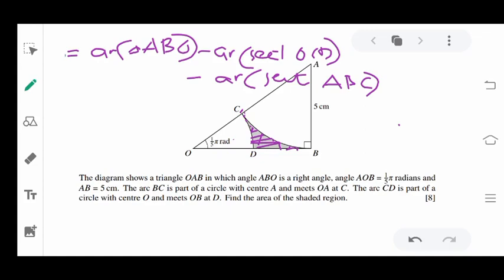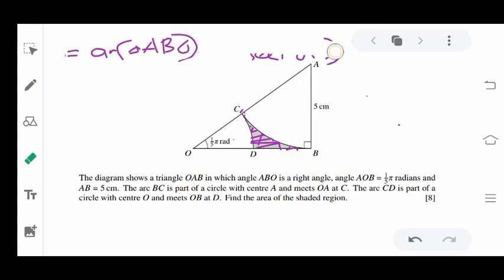Okay, now to find the area of triangle ABO, or area of sector OCD, or area of sector ABC, we require a few measurements. If you want to find the area of triangle ABO, we want the base and height. The height is already mentioned as 5 centimeter, so we need to calculate OB, the base.